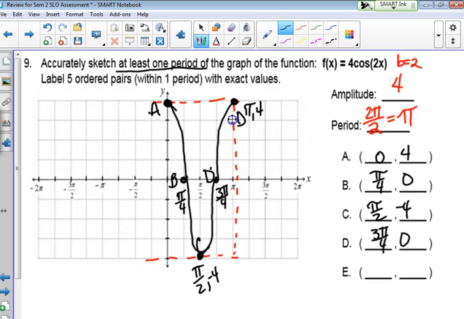Oh, that's D. This is E. Questions on that? If I promise it doesn't have a phase shift, we're good.